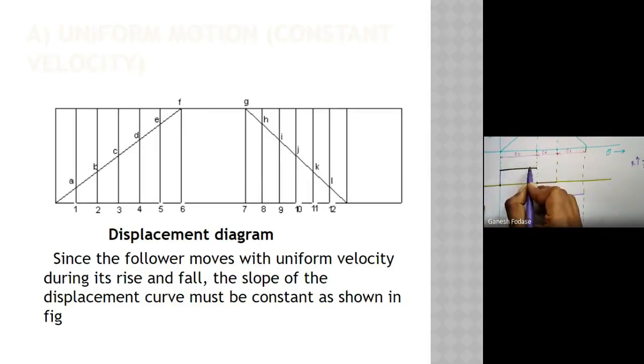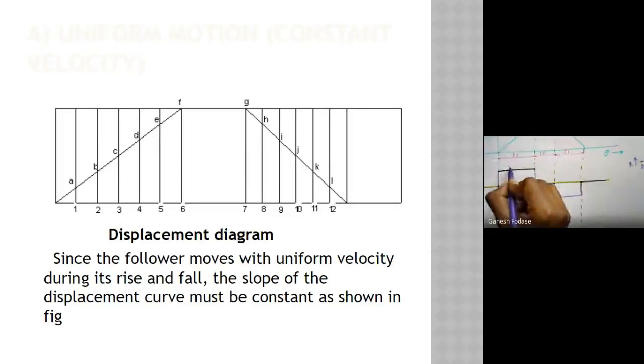Velocity is constant during rise, but it becomes 0 during dwell, and again reaches another velocity in the opposite direction. Constant velocity again during return stroke, and finally at the end of the return stroke it becomes 0. Further it may be 0 again. So this is your velocity graph for a uniform motion.